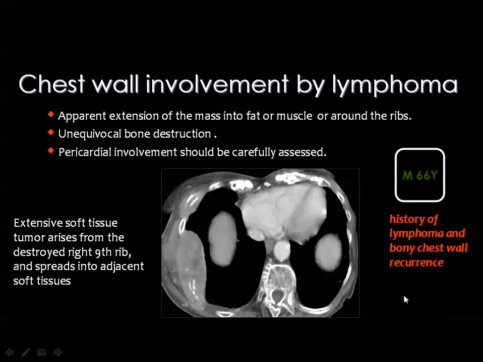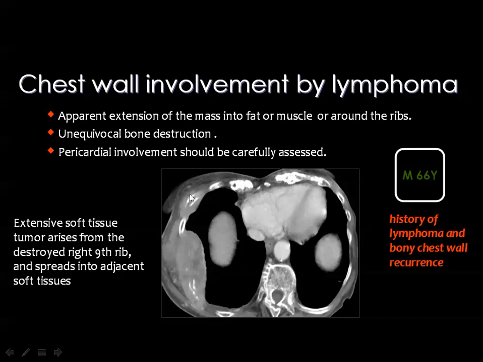Then chest wall involvement by lymphoma is indistinguishable from metastasis and any other malignant pathologies. But if you know that the patient is known to have lymphoma, then you should diagnose this lesion as a sequela of the known lymphoma in the patient.